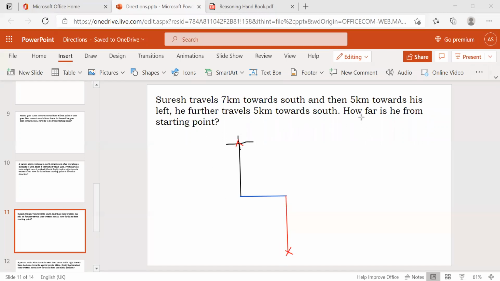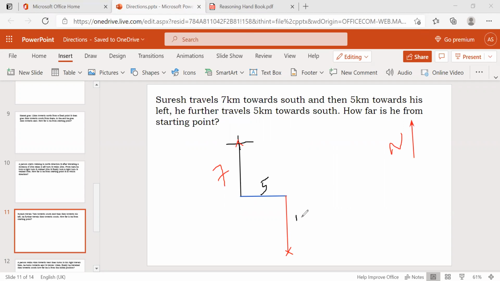This is north. Sorry, this will be the north. This is south now. This way is north, this way is south. So here to here, how many kilometers? 7 kilometers. And from here to here, this is 5 kilometers, right?